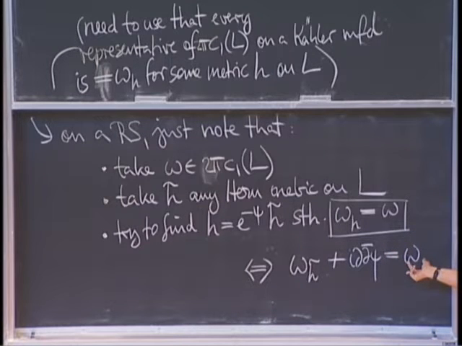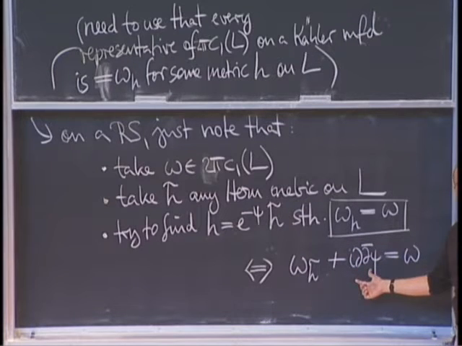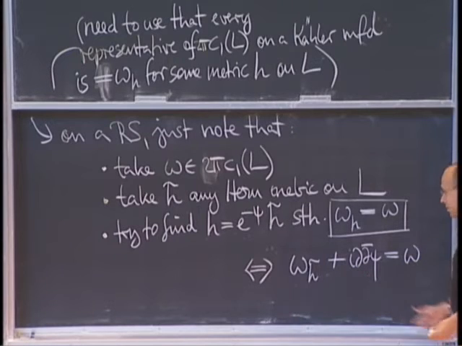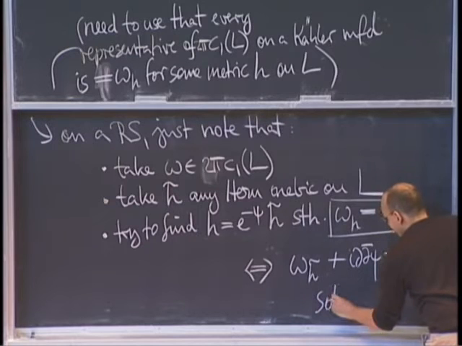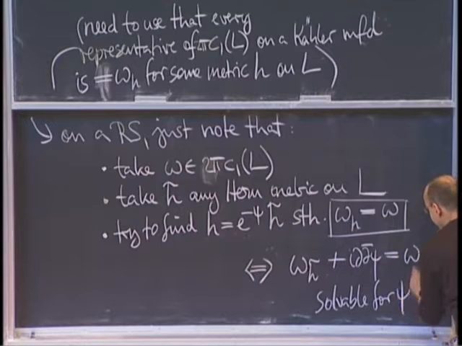So that's the PDE that you need to solve. In general, that comes down to the del-del-bar lemma on Kähler manifolds. But on a Riemann surface, del del bar is just a Laplacian. So that's solvable for psi on a Riemann surface.